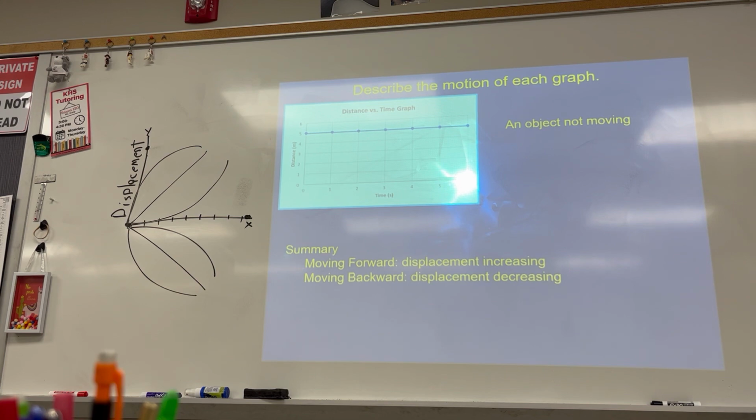Now let's look at the 2 graphs for speeding up. Look at your 2 graphs for speeding up. What did they have in common? They're both curved, but they both curve in a similar kind of way.